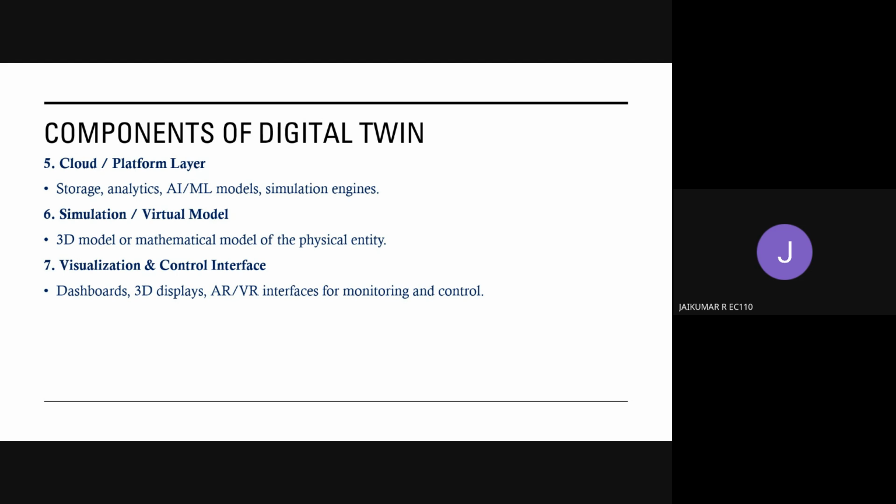It may be a dashboard, or a 3D display, or some kind of AR/VR interface for monitoring the functionality of the system. Or by using virtualization, you can control the machine also, if you have a feedback mechanism from the final model, that is visualization, to the machine, and we are able to control the system also.